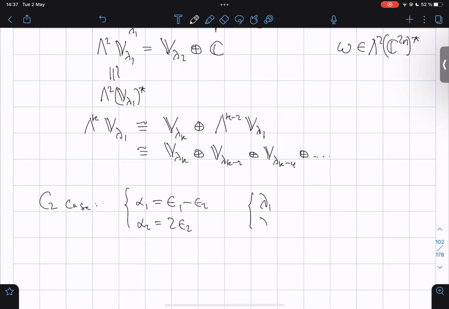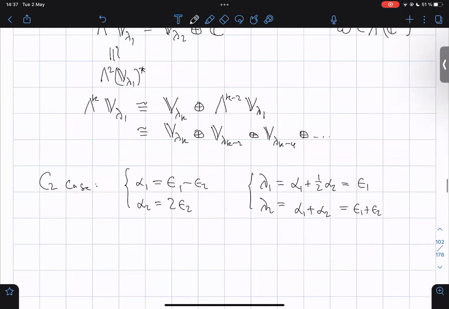But you also find lambda 1 and lambda 2 written out in terms of the alphas. And then you could write them out like that. Okay, so as in the type A case, you have epsilon 1 for lambda 1, and lambda 2 is epsilon 1 plus epsilon 2. Looks very similar, right?